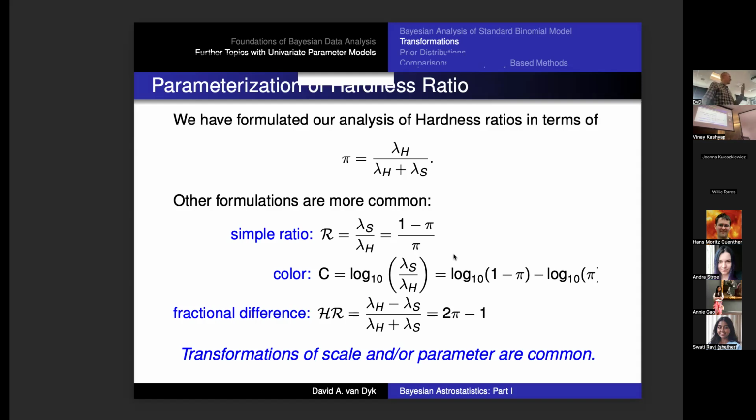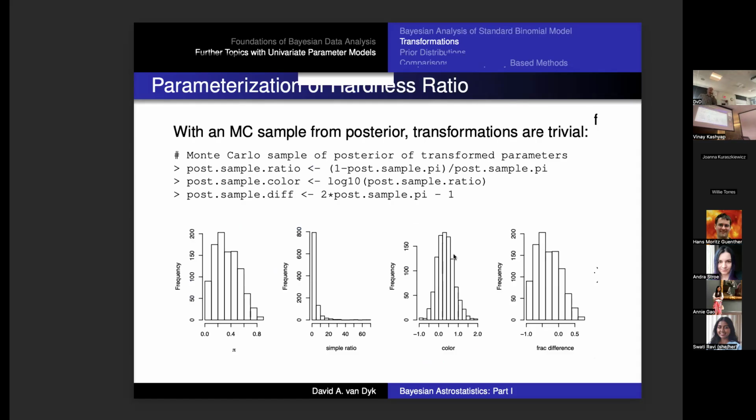It's not uncommon that you might be interested in different parameterizations, so it's a simple way to look at the effect of parameterizations in a Bayesian context. Another nice thing about Monte Carlo is that for any kind of transformation, once I have a Monte Carlo sample, I just transform that sample. I don't have to do any new mathematics. Two slides back, I got a sample from pi by using that R beta function.